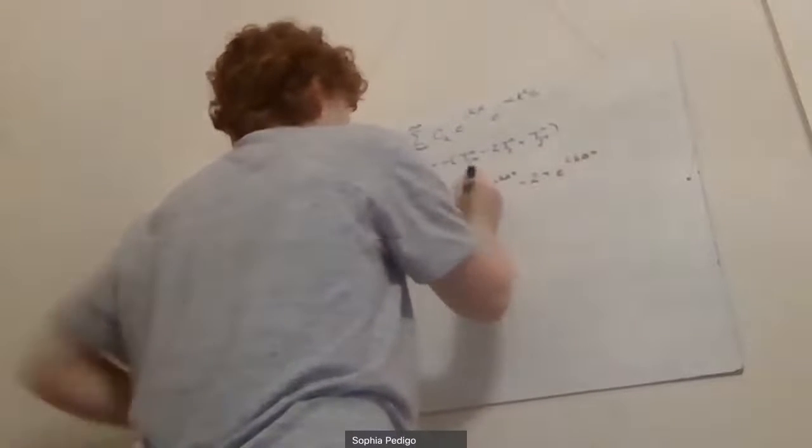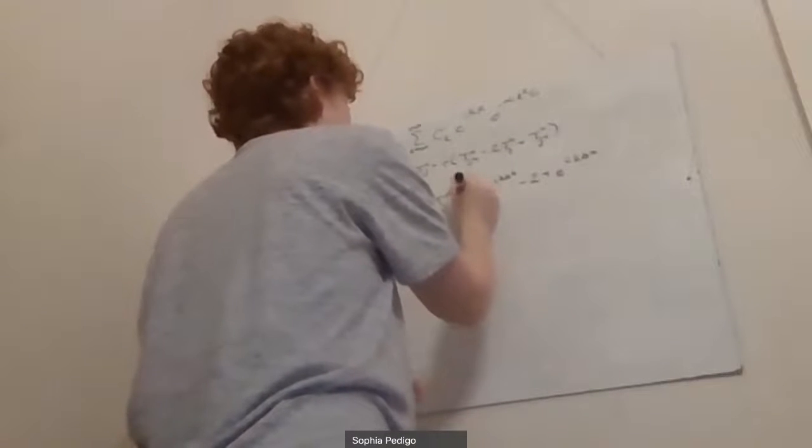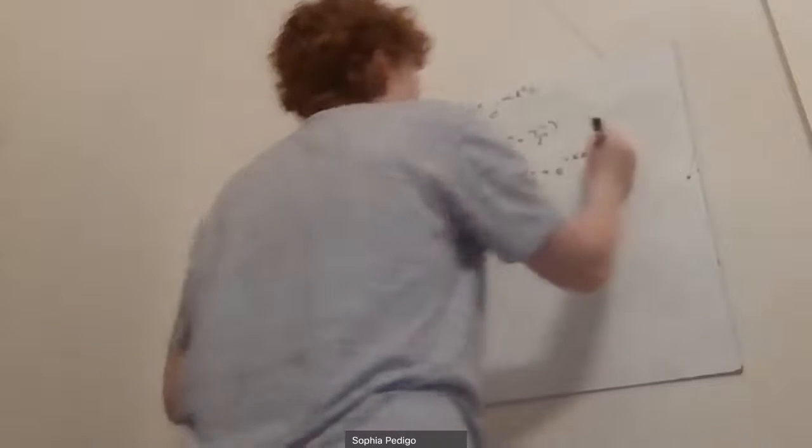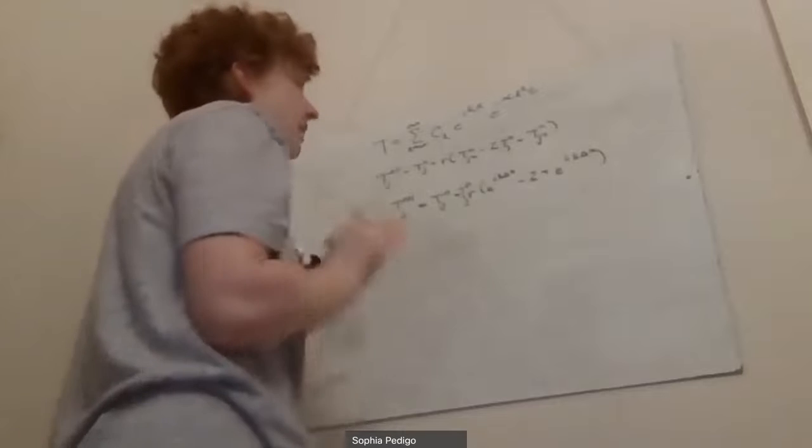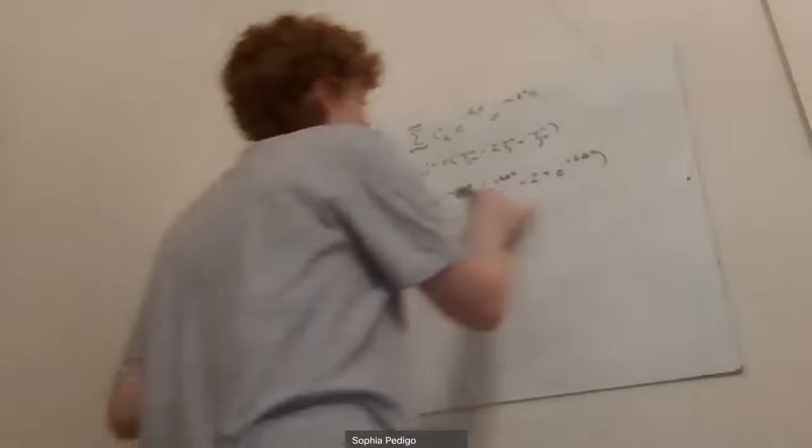Oh, you know what? I forgot to take out this and put that out front there. Here we go. Okay, so now that we've got that equation, I'm going to write this down here at the bottom.